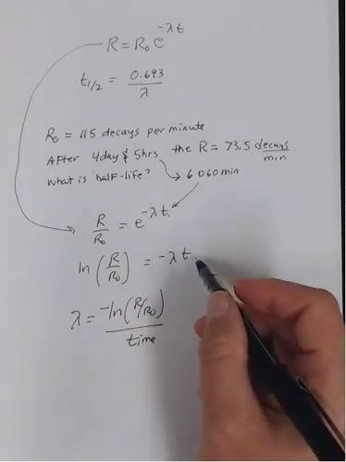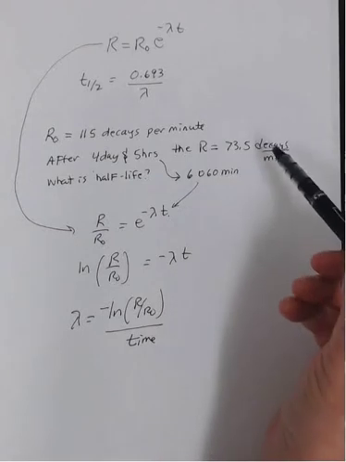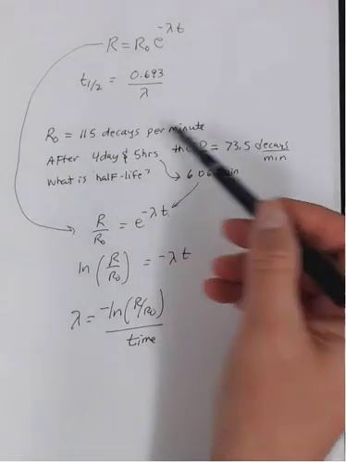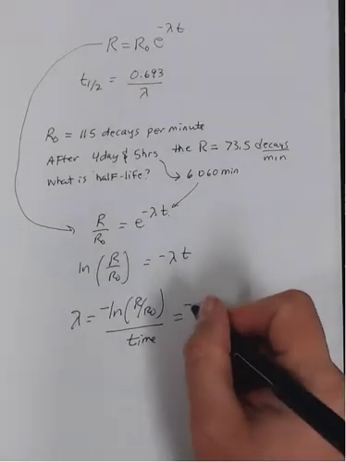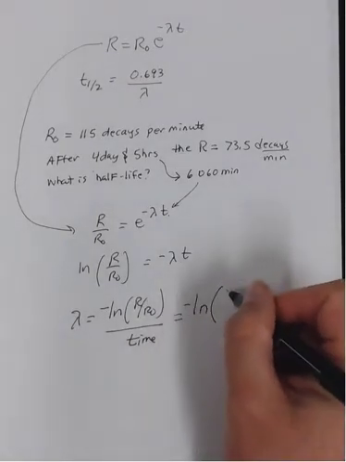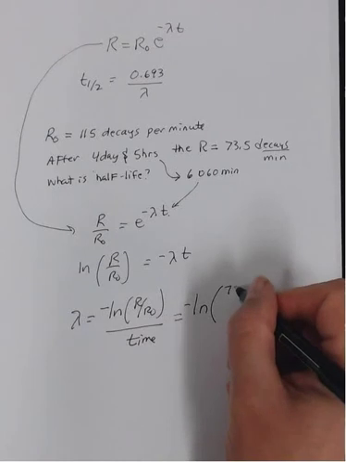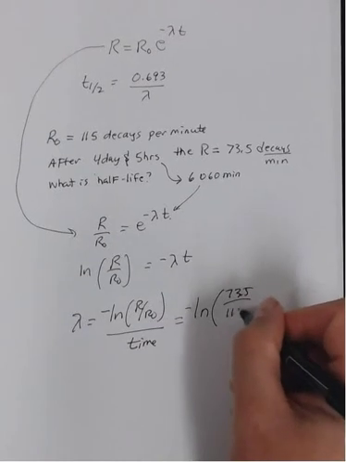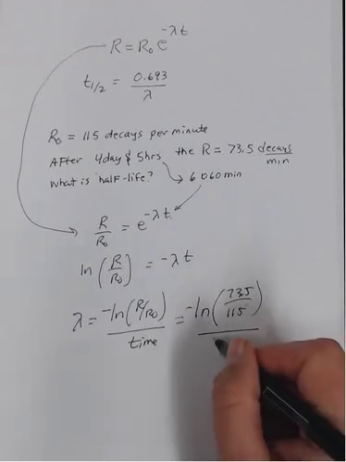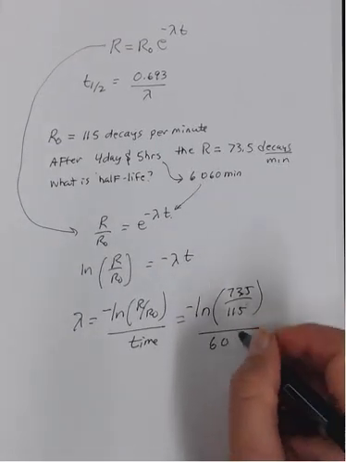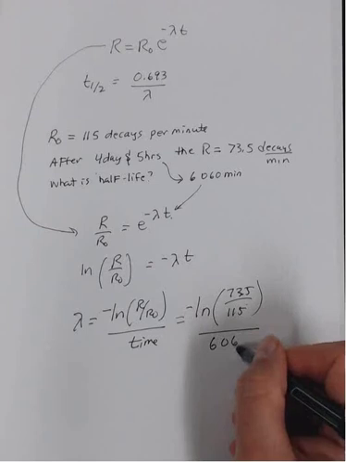It's not the half-life, because has it dropped in half? No, not really. Instead of 0.5, it's probably like 0.66 or something. So let's put this in and get an answer. We put in 73.5 over 115. That'll give us a negative number. We'll cancel out that negative over 6,060 minutes.